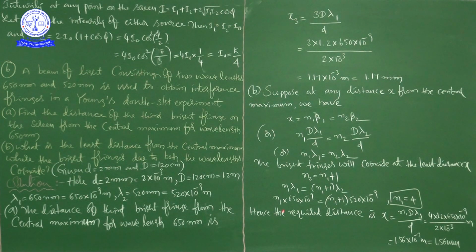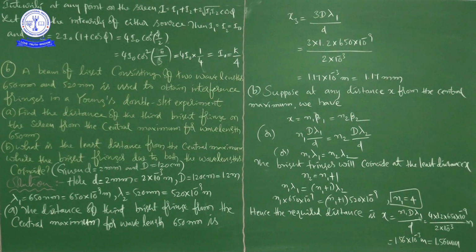So N1 into 650 into 10 to the power of minus 9 is equal to N1 plus 1 into 520 into 10 to the power of minus 9. So do the mathematical process. 10 to the power of minus 9 will get cancelled and 0 will get cancelled. If you complete this process, you will get N1 is equal to 1.